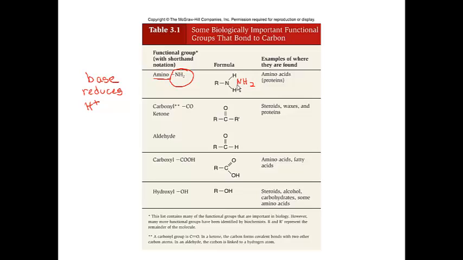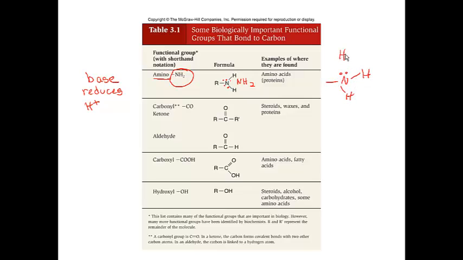Now what is it about the NH2 that makes it a good base? Well, remember, we have 3 unpaired electrons in nitrogen because it has 5 valence electrons. But we also have an unshared pair that's not pictured. So here we have the amino group.